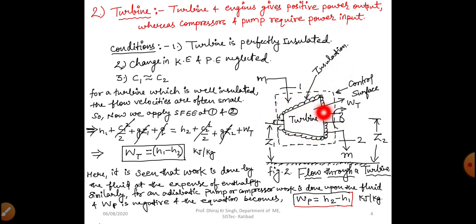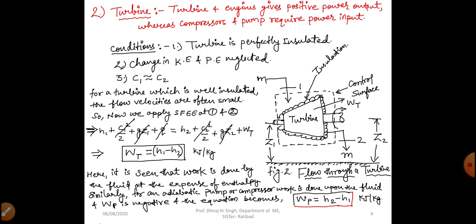So here it is written insulation. So turbine is completely insulated, and here is the datum line from which if we take the distances from the central lines of the shaft, then that will be Z1 and Z2. Right, so Z1 and Z2 is equal. That means potential energy is equal. So we can cancel both the potential energies.